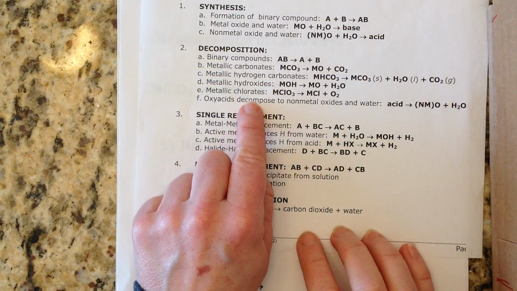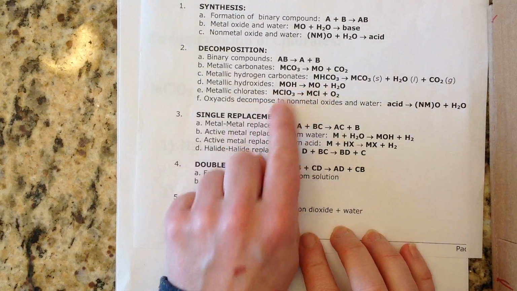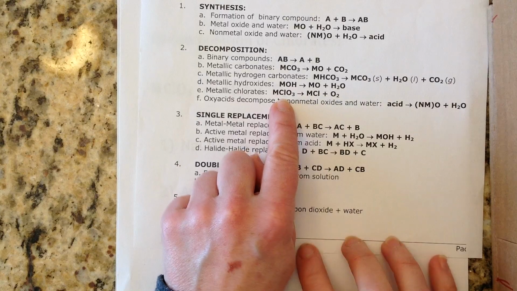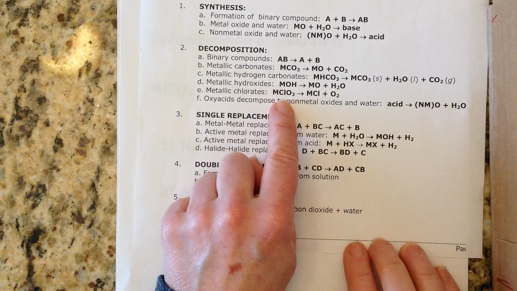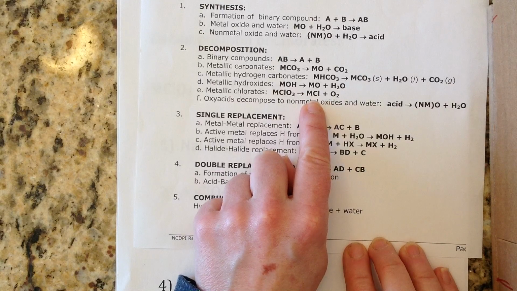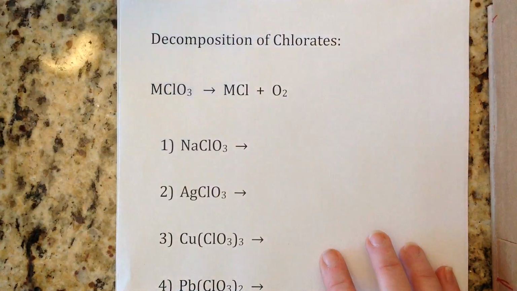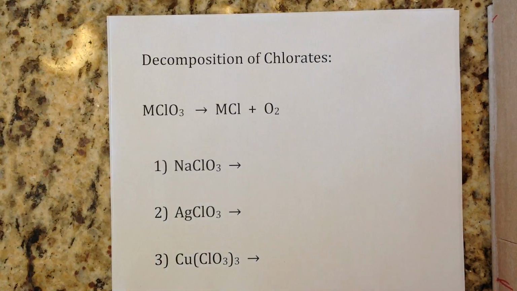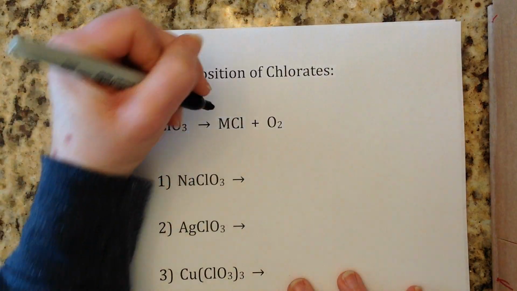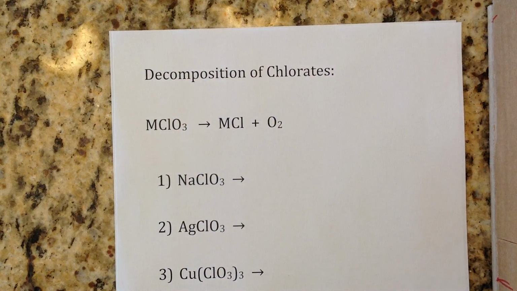So metal chlorates, that's where you have a metal crisscrossed with chlorate. Remember, that's your polyatomic ion, ClO3 -1. The rule says crisscross the metal with chloride and add oxygen gas. So in this case, we will crisscross this metal.